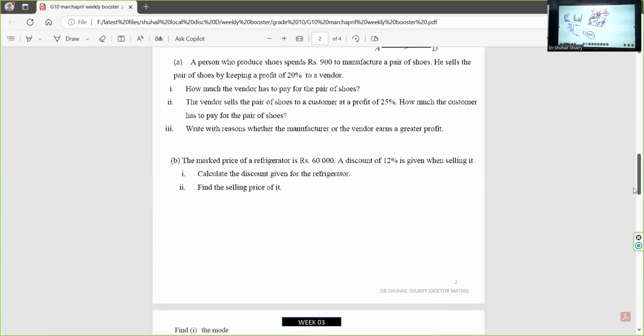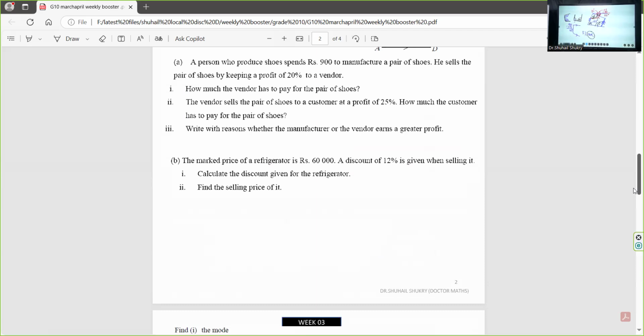They say a person who produces shoes spends 900 rupees to manufacture a pair of shoes.